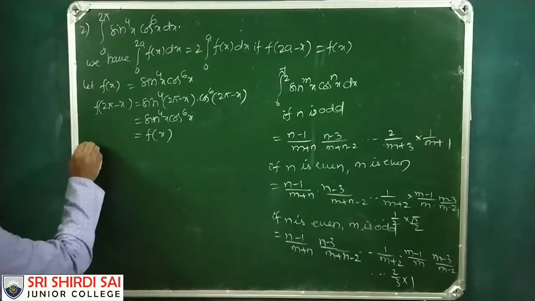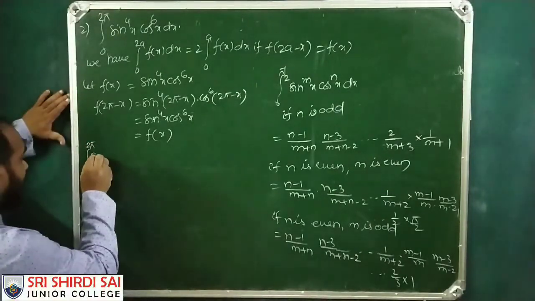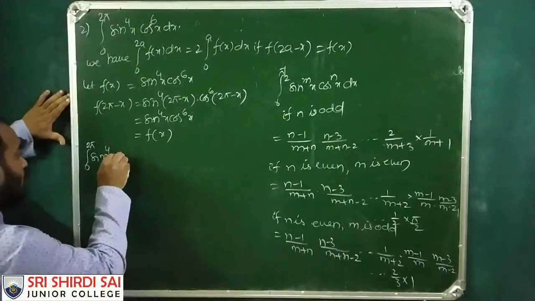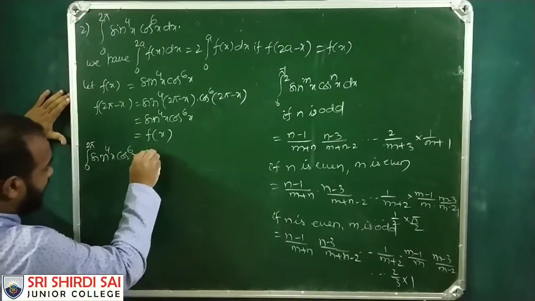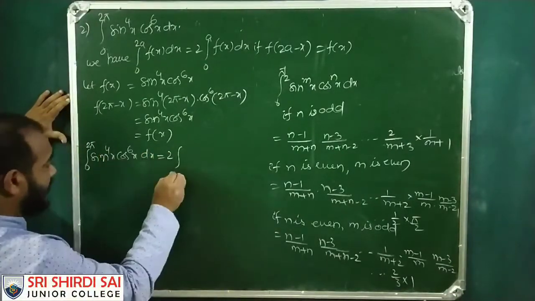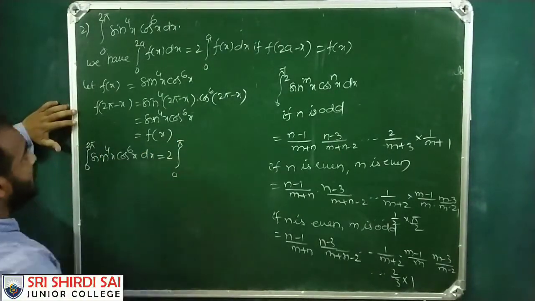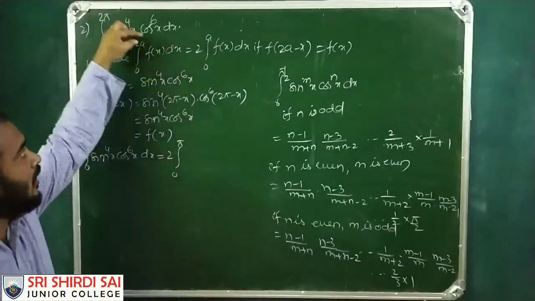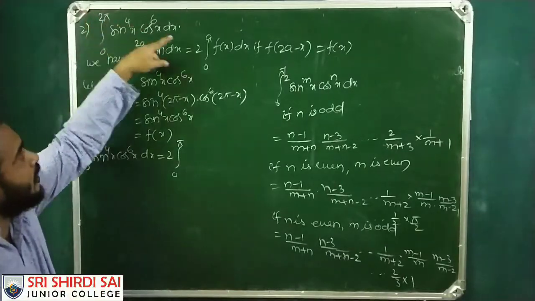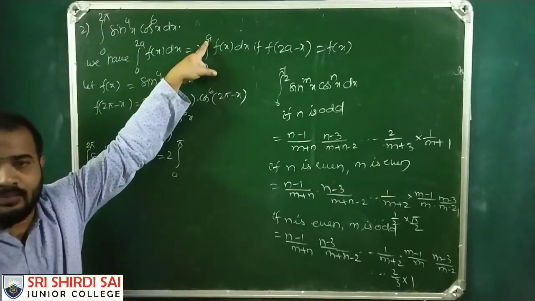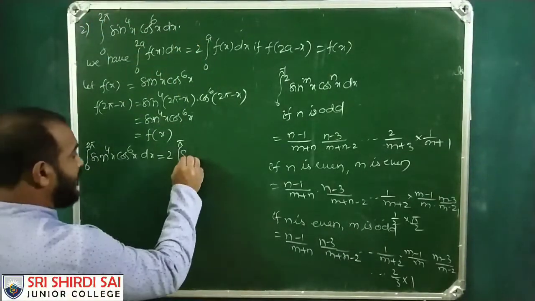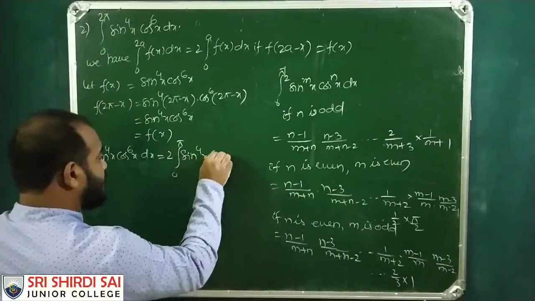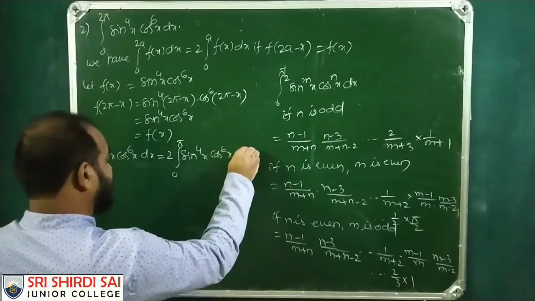Therefore 0 to 2 pi sin power 4x into cos power 6x dx is equals to 2 integral 0 to pi, because what the property says, 0 to 2a, 2 will come forward and upper limits half will it become. So 2 pi sin power 4x into cos power 6x dx.